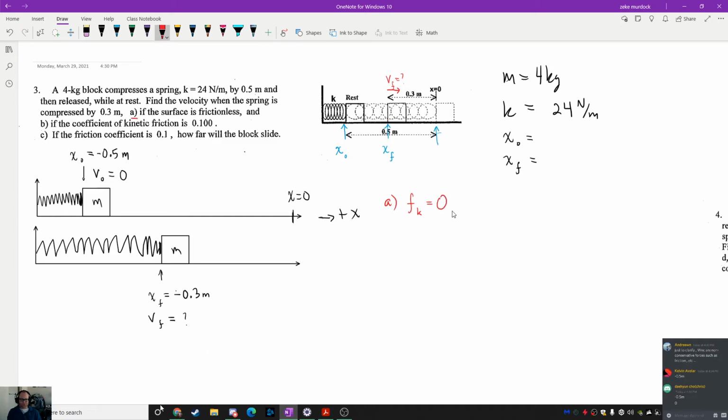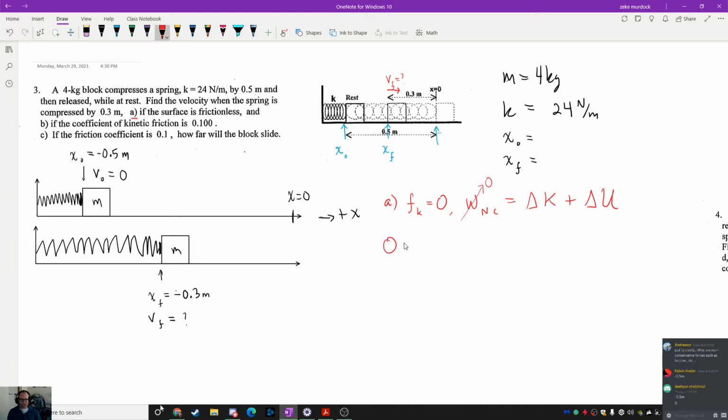All right, so we're going to start off with our equation, which is work done by non-conservative forces is equal to change in kinetic energy of the object plus the change in potential energy of the object. So since friction is 0 and there are no other non-conservative forces in this problem, the left-hand side of this equation will be 0.